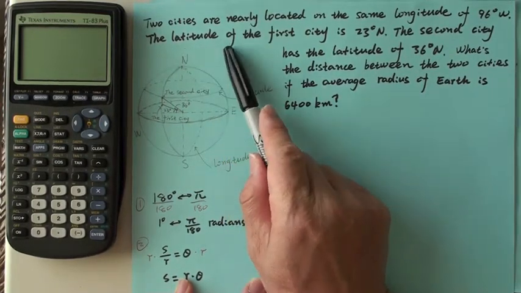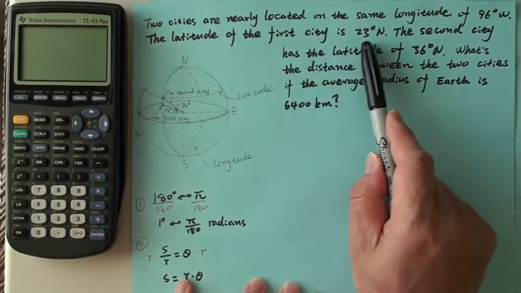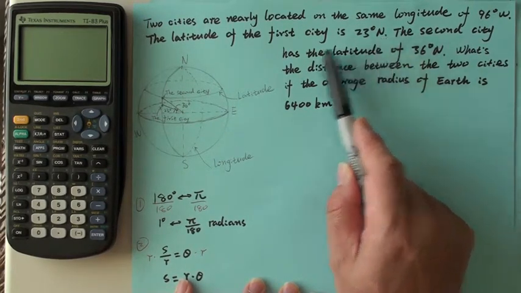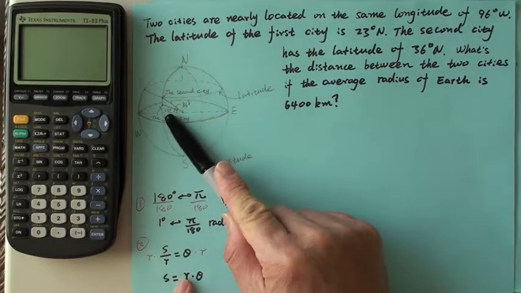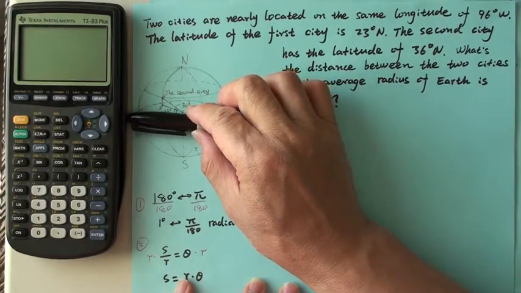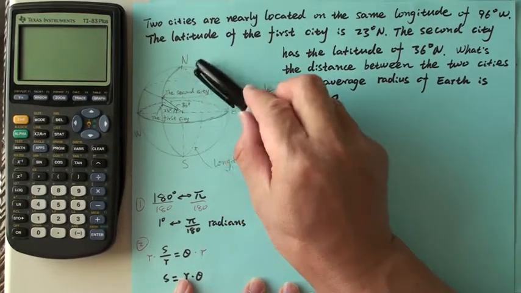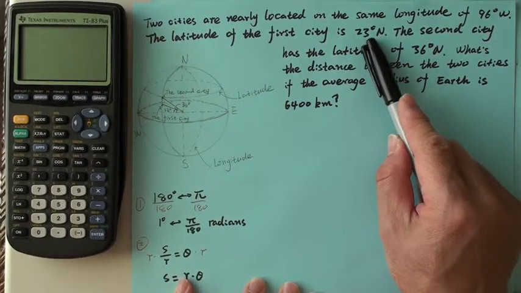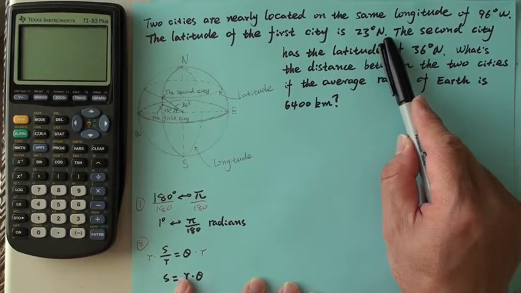Okay, the latitude of the first city is 23 degrees north. So here is 23 degrees. You see, from the horizontal way and then rise up to the north. So that's 23 degrees north.